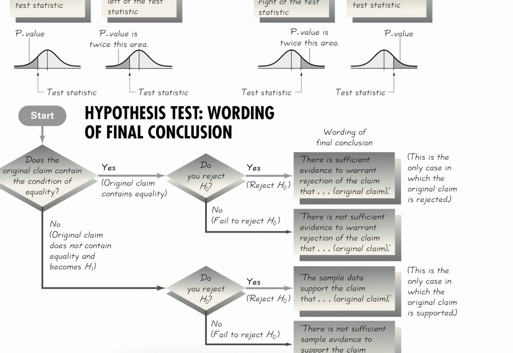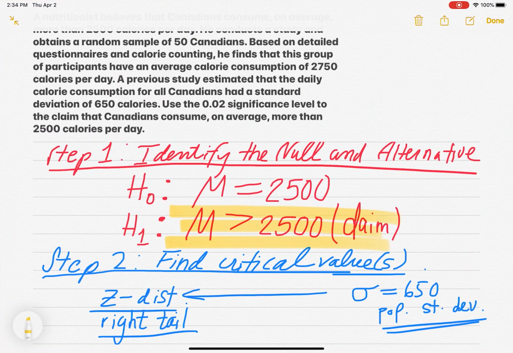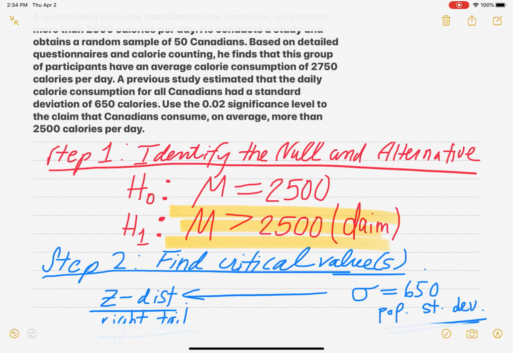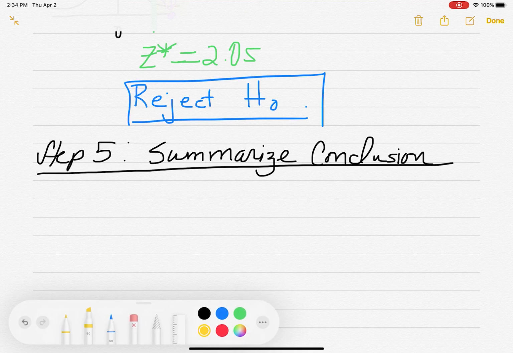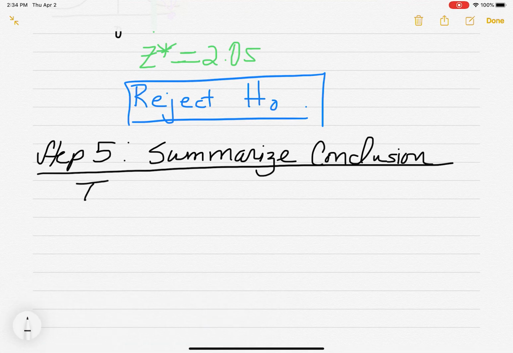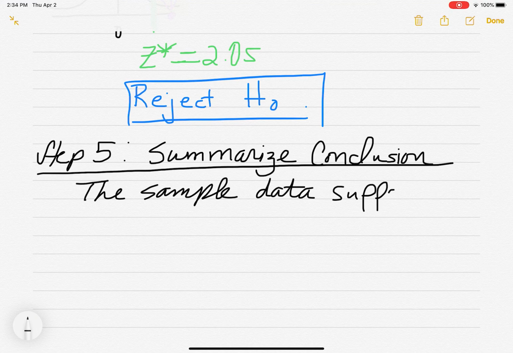So the wording is going to be: the sample data support the claim, and then we write the claim. So we're going to write here: the sample data support the claim that, what was the claim?